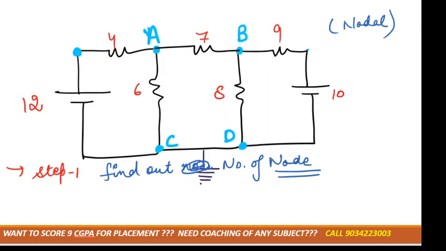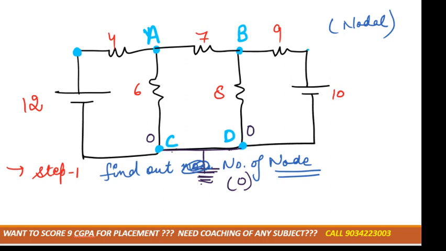Now we'll choose the reference node, meaning we'll do the grounding. Generally, we ground which node? The one in which no element is connected. As you can see, between C and D there is no element connected, right? So we generally ground this node. In ground, you know, the potential is 0, right? So here the potential is 0 and here also the potential is 0.